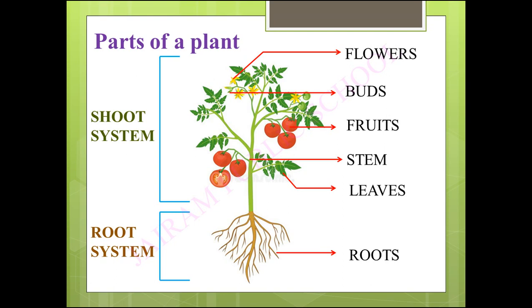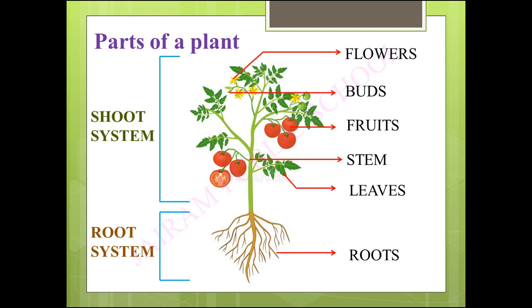Leaves are generally green in color. They grow on the stem or branches. They use the air, water and sunlight to make the food for the plant. So leaves are the main part of the plant which prepare the food. Next, fruits.